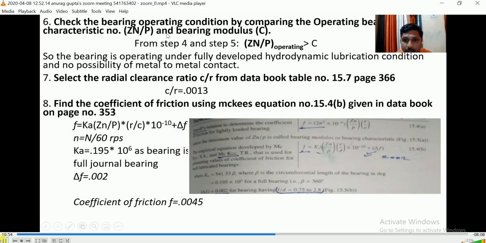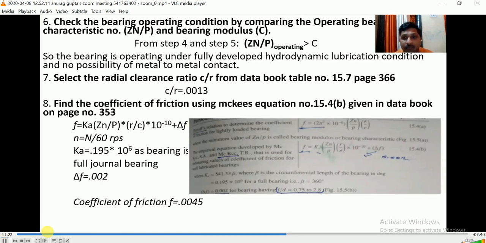I have taken a snapshot of the data book, equation 15.4b. The friction coefficient f is equal to K into Z into small n divided by P, multiplied by R by C. This R by C is the inverse of the radial clearance ratio, which can be found again from the data book for the particular application.